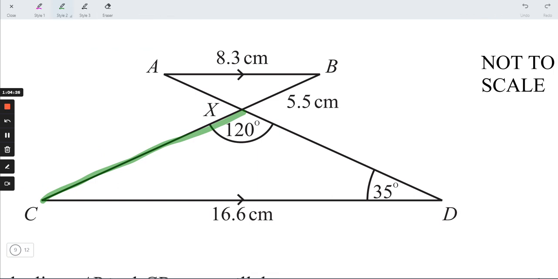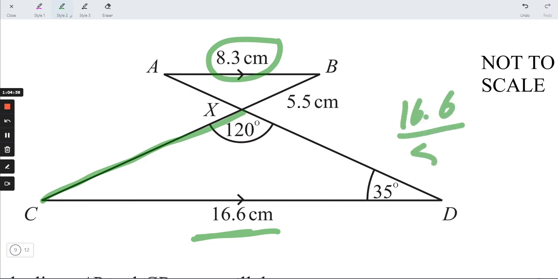That means we can use 16.6 divided by 8.3, corresponding sides. So 16.6 over 8.3 equals in proportion CX over 5.5. Cross multiplication.